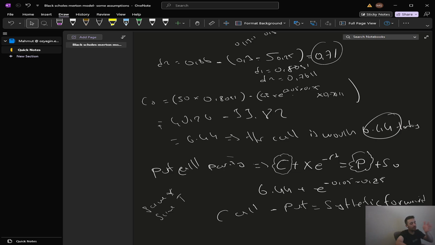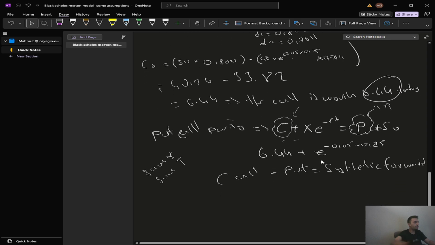If this relationship does not hold, maybe this side is high or this side is low, and that means an arbitrage opportunity. For example, let me explain.